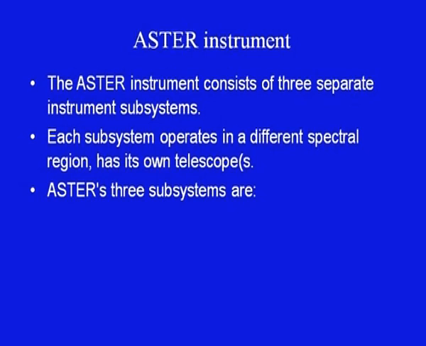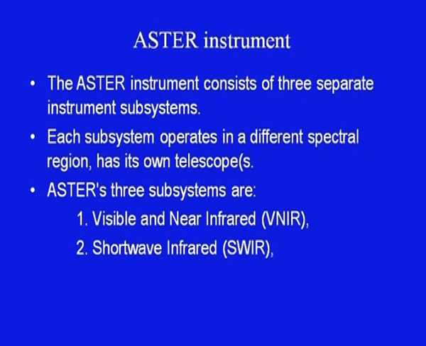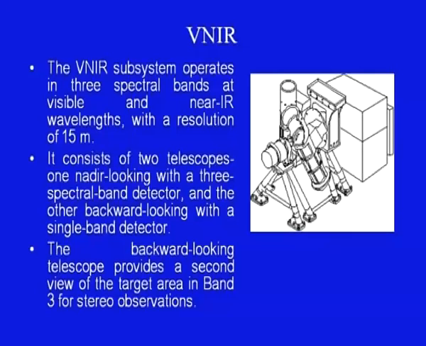The 3 subsystems in which ASTER operates are the visible and near infrared, in short known as VNIR, shortwave infrared, SWIR, and thermal infrared, TIR. So now let us look at the 3 subsystems that we have. First is VNIR. The VNIR subsystem operates in 3 spectral bands at visible and near infrared wavelengths with a resolution of 15 meters.